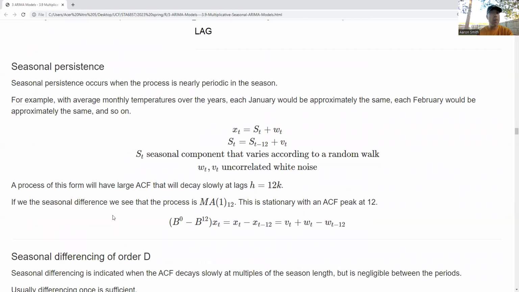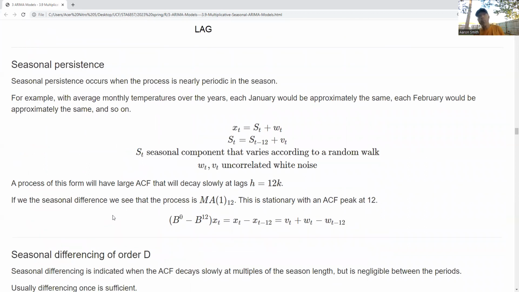All right, now seasonal persistence. Seasonal persistence occurs when the process is nearly periodic in the season. For example, the average monthly temperature over years: each January is approximately the same on average. Each February is approximately the same, each year over the average of the entire month, and so on.